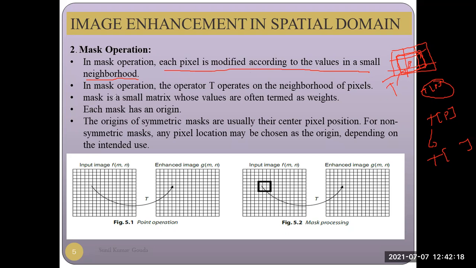So what is a mask? The question arises here: what do we understand by the mask? A mask is nothing but a small matrix whose values are often termed weights. Basically, we will design a matrix, like I already said, a 3 cross 3 matrix or 6 cross 6 matrix, whose values will be obtained as weights.